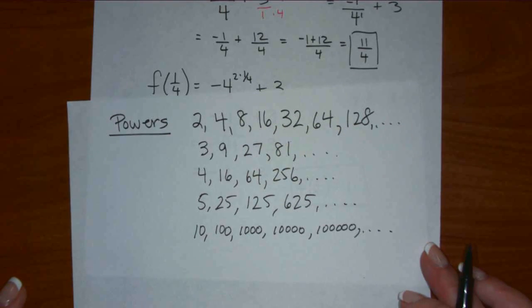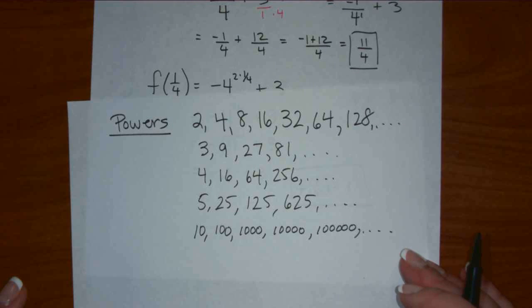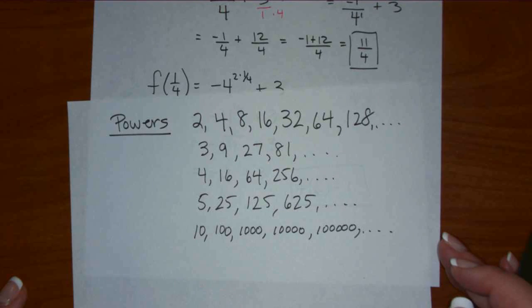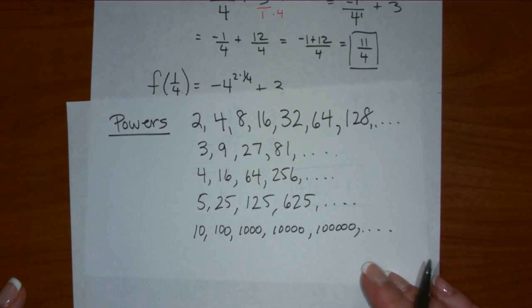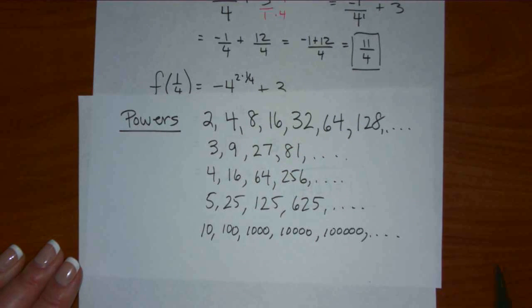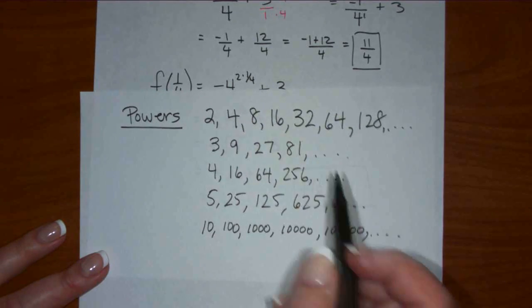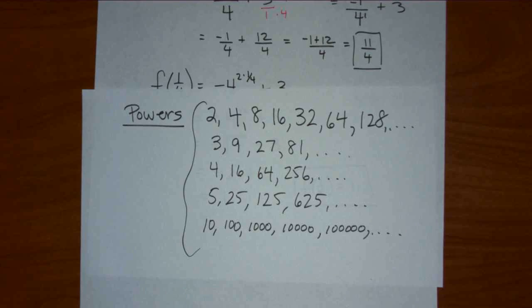So you need to know these, like as well as you know that square root of 16 is 4. So you know square root of 25, you know square root of 9. You need to know the powers, okay? So if you see an 81, you have to say that's a power of 3. So you need to be very familiar with these numbers so that if you see one of them, especially in the log section, you know that it's one of the ones that work.